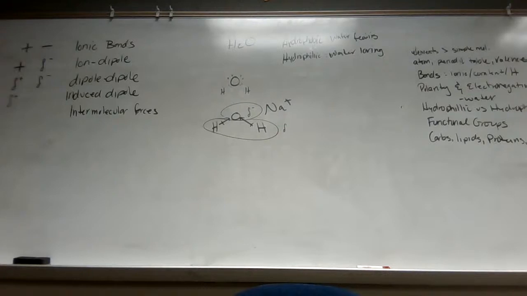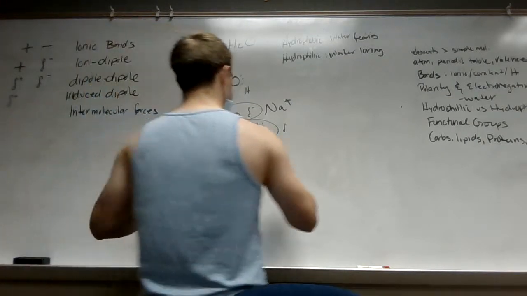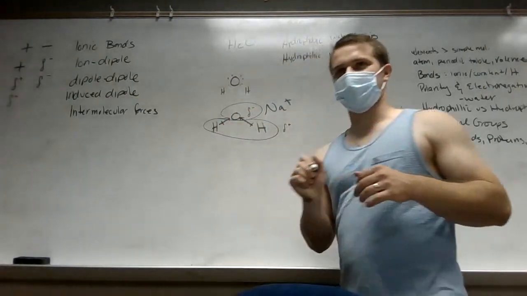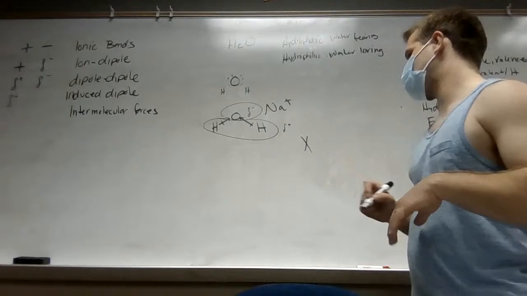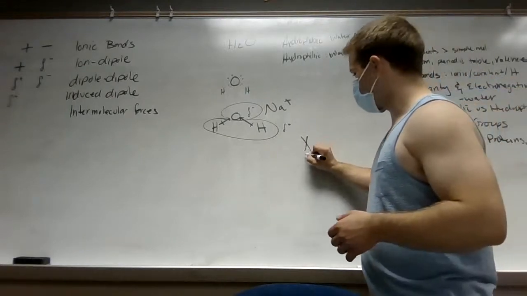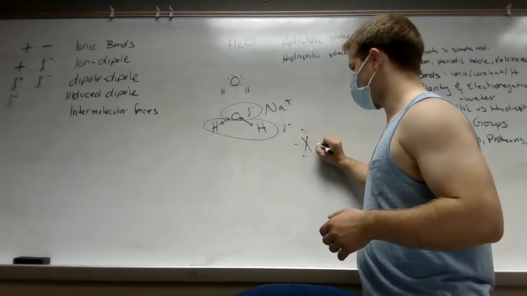Does that make sense? Don't worry. If we have this hydrogen that has a partially positive charge, and we put some compound, it really doesn't matter, it's going to draw the electrons a little bit closer to it because it has a partial positive charge.